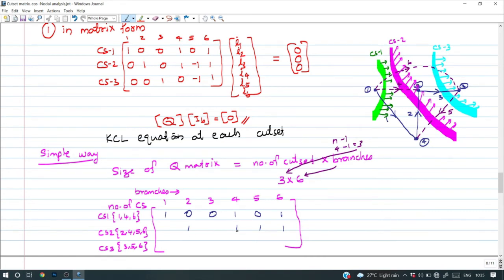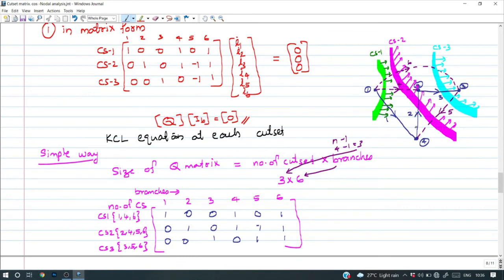Therefore their sign is positive. But the orientation of I5 is opposite to the cut set orientation, so it is minus 1. Remaining entries are zeros. Similarly, for cut set 3, branches 3, 5, 6 we mark as 1. Remaining entries we mark as zeros.